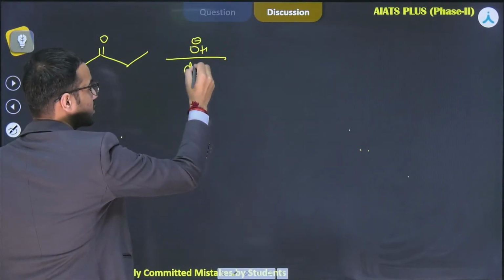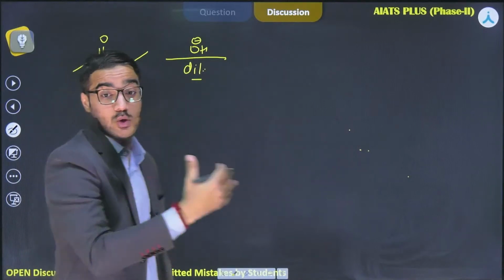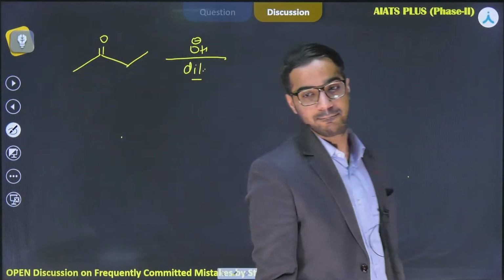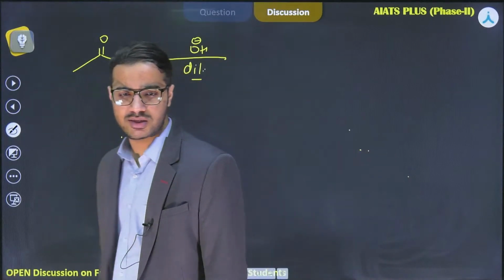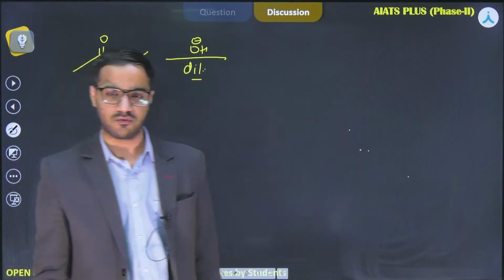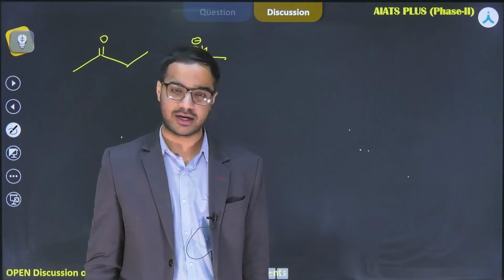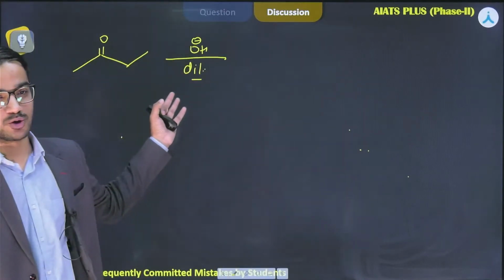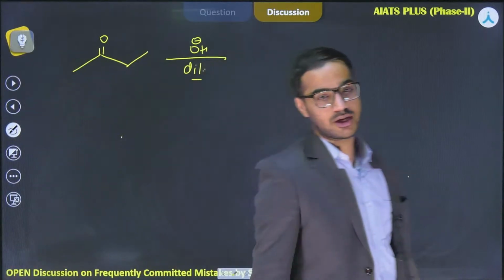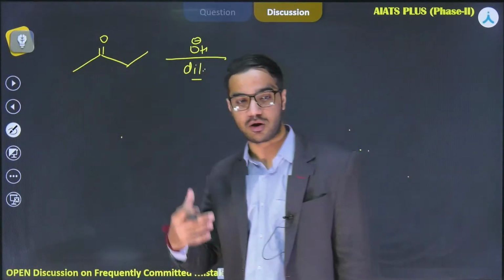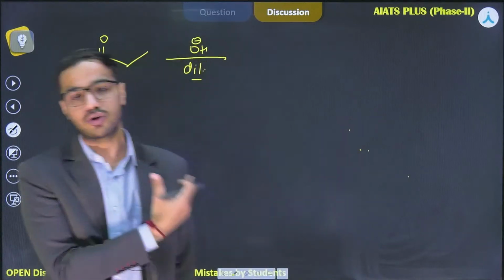It's a dilute base. So what will be the product you are assuming? Aishwarya is asking which alpha carbon will be attacked, and that will be the case of your question. Please try to attempt it. Meanwhile, I can give you an approach to deal with these questions.